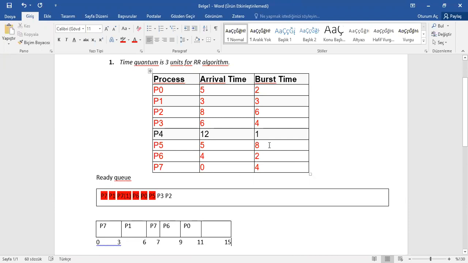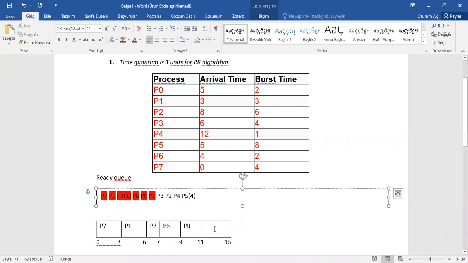But in this case, let's first check if any process has arrived. Process 4 arrived at time 12. So process 4 will be here. And then I will put process 5, and not to forget, we have 4 more nanoseconds to go.